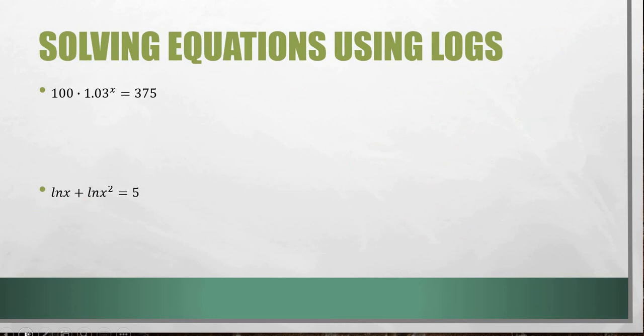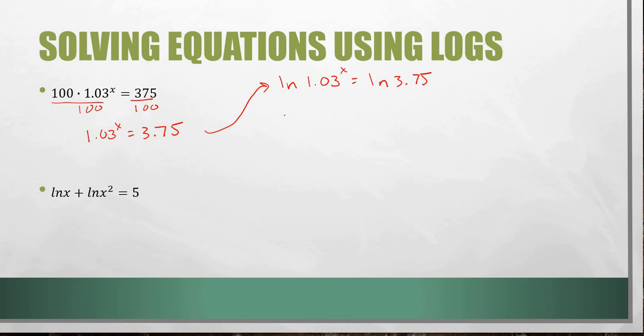Okay, so how are we going to use these properties to help solve for logs? There are a couple ways to look at this first one. Let's try it together. I can divide both sides by 100 first. So now I have 1.03 to the x equals 3.75. This is an exponent, so I do need to take a log of both sides. So ln of 1.03 to the x equals ln of 3.75.